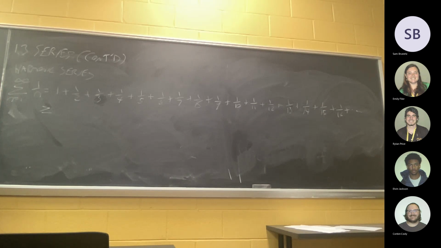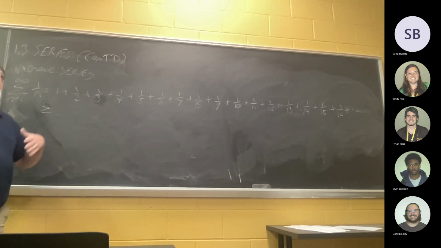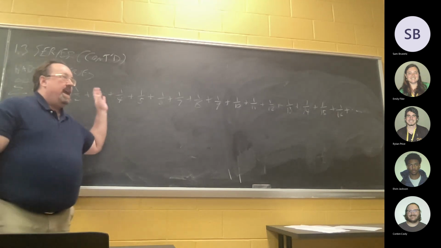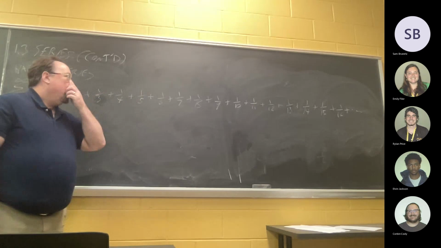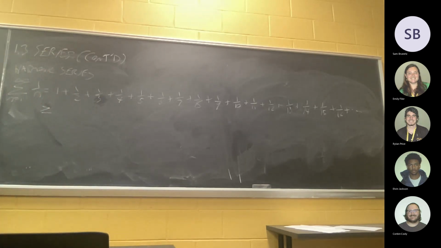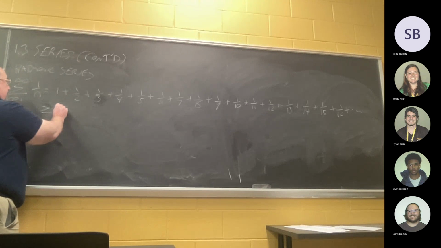Underneath each fraction, I'm going to write a fraction that is smaller than it, because with the new fractions, it'll be easier to figure out what they're summing to. Trying to express the nth partial sum here is going to be pretty difficult, but we don't need to.